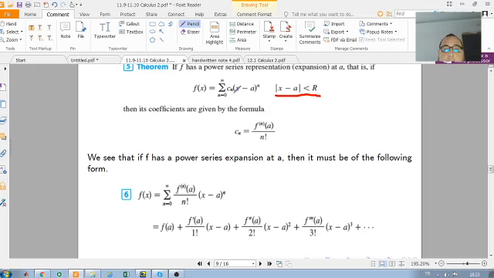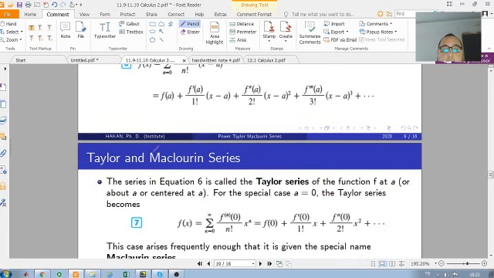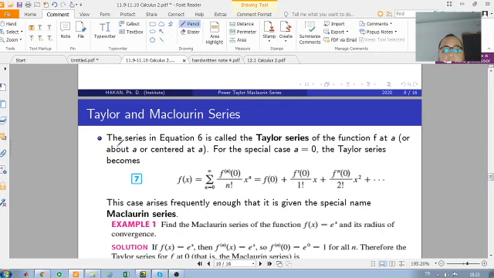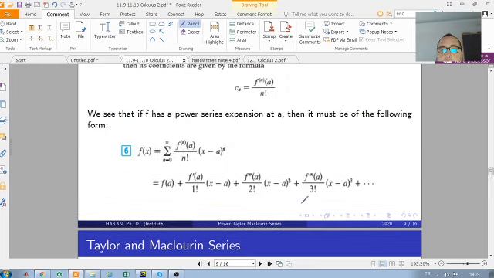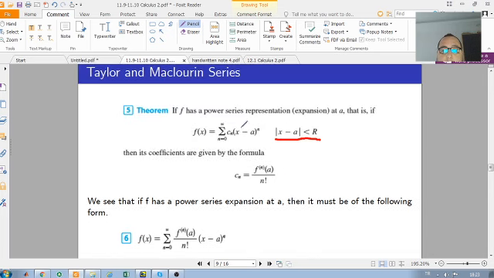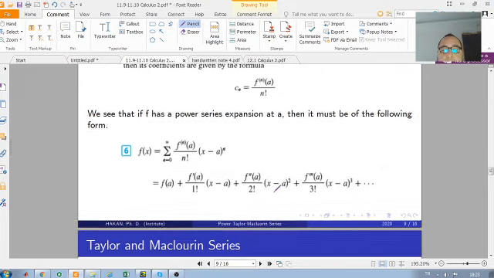and you can find the coefficients of the terms, which are Cn, by using the formula written here, and so on. So the series in equation 6 is called the Taylor series of the function f at the number a, or about a, or centered at a. For the special case, namely if you write 0 for a, we will have x to the power n instead of x minus a to the power n.